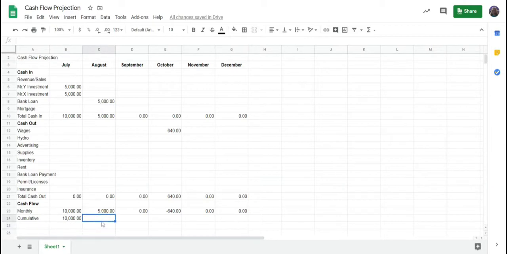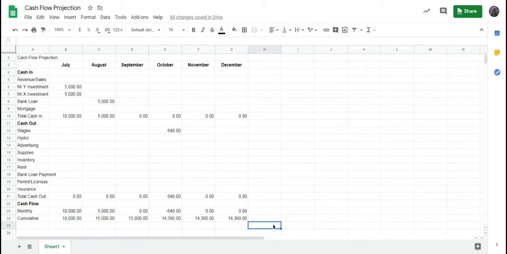However, in August, we see that our monthly, we have an extra 5,000 from what we had in the month before. However, if we think of it as that bank balance, we already had 10,000 and now we have an extra 5,000. So your formula here, you're going to go equals, it's going to be your cumulative from the month before plus the monthly from the current month. Okay, and then this one we can go ahead and drag all the way across.